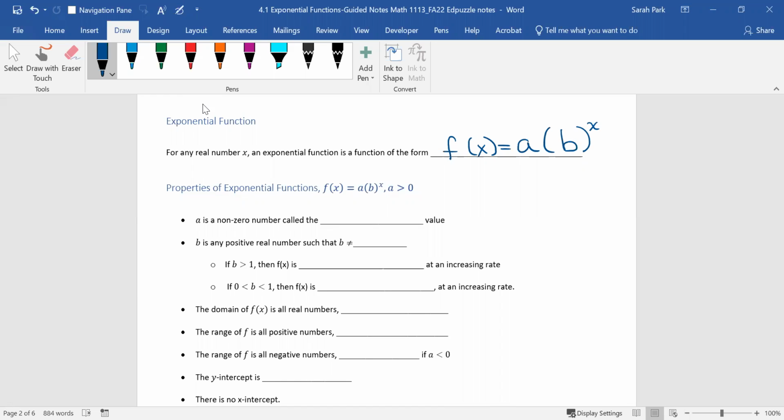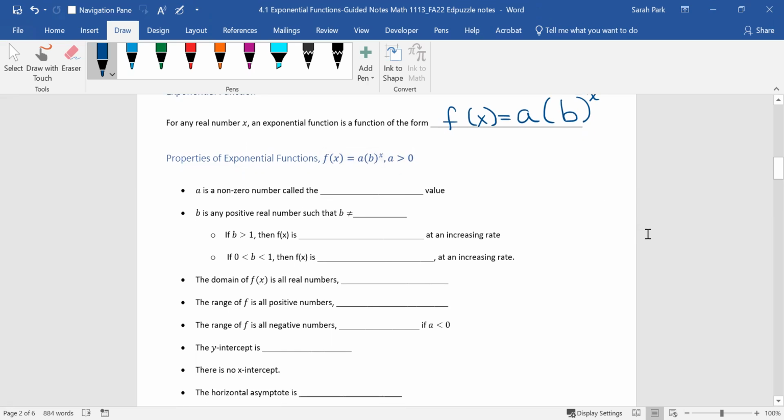And to generalize the properties of exponential functions, which we looked at for a specific case, 2 to the x, above, for all functions f of x equals a times b to the x power, where your a value is greater than 0 or positive. This a value is a non-zero number, and this is the initial value of your exponential function.